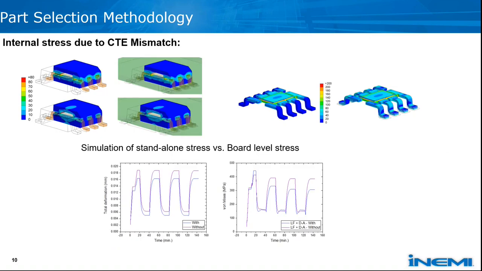And this is an example, an examination of standalone versus board level stress, and where the highest stresses will be located. In this particular comparison, it shows that a standalone component is actually going through higher stresses.